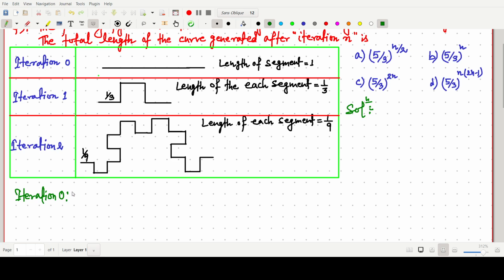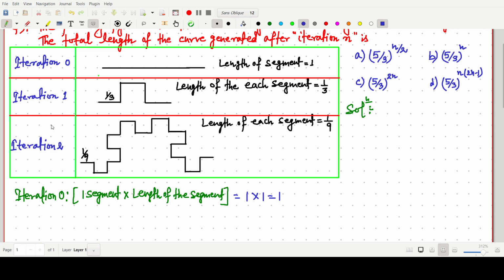So one can write one segment into the length of the segment. We have to do it for iteration n, but we have to start like that. For iteration 0, the length of the segment is 1, 1 into 1, so it should be 1. Clear?